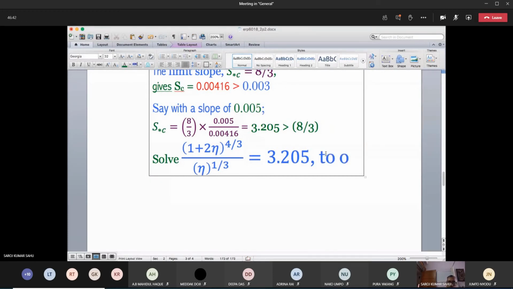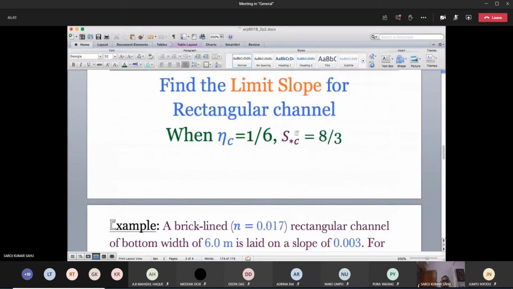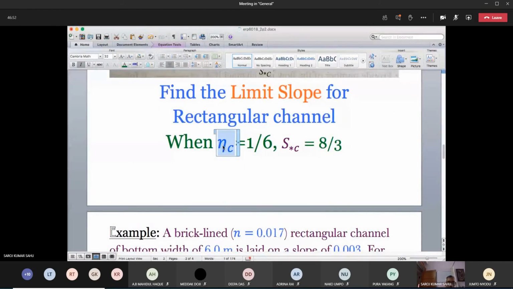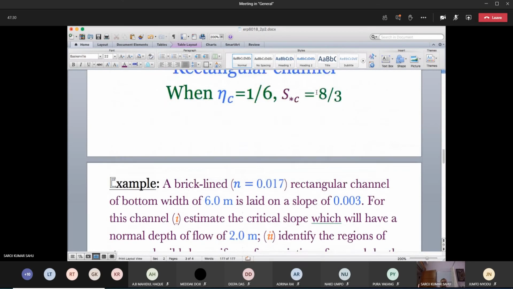To obtain the two values of eta, eta 1 and eta 2, you solve this equation, and they are nothing but these two values here.